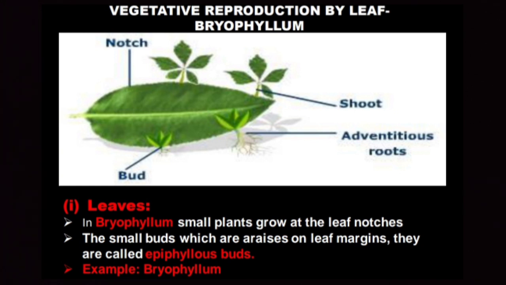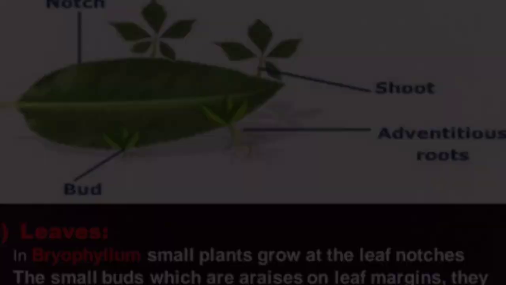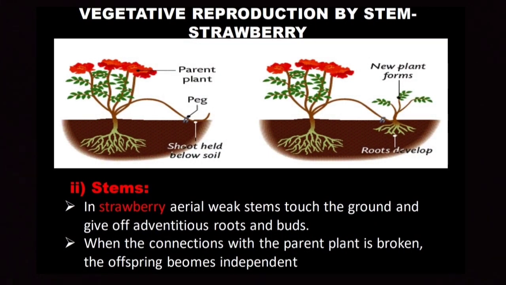So the accessory whorls: the two outermost whorls, calyx and corolla, are non-essential or accessory whorls. They don't directly take part in reproduction. The other two whorls, androecium and gynoecium, are known as essential whorls. They take part directly in reproduction.